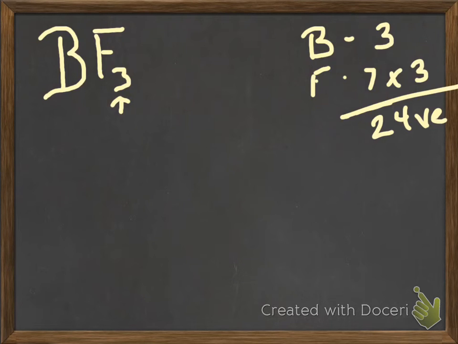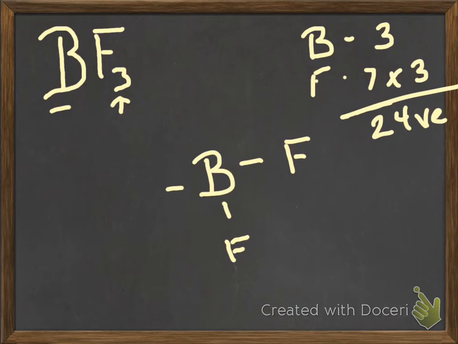Okay, remember when we're all done, that's how many electrons we can have. No more, no less. So we're always going to put the first atom in the center as long as it's not hydrogen. And then we're going to attach the other atoms around the side, like so. All right, now we want to get each atom so that it has an octet, so it's in its most stable form.